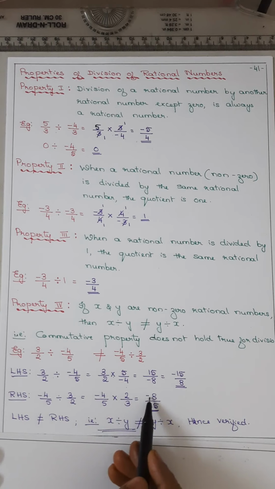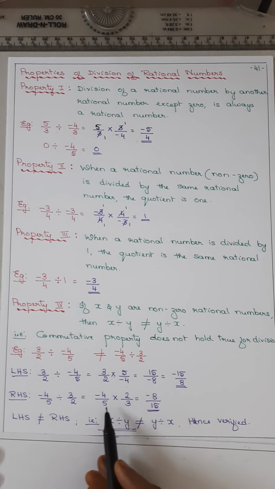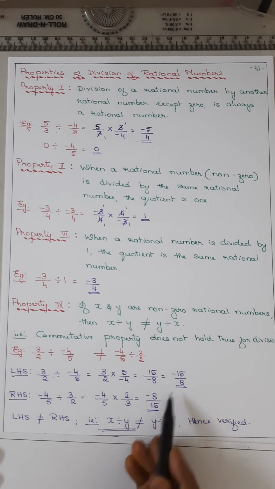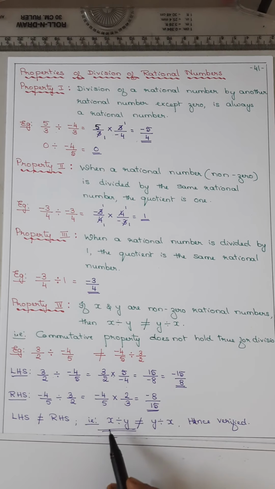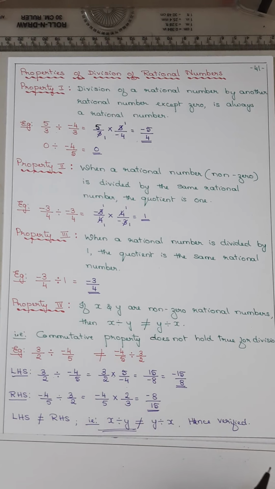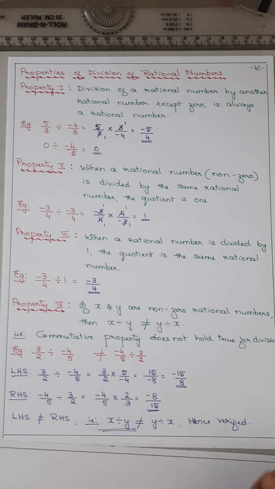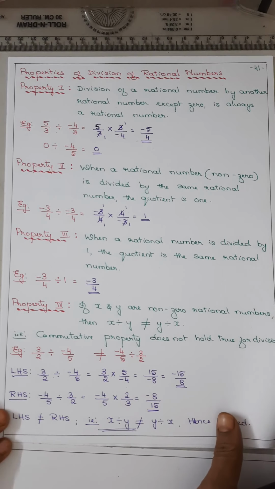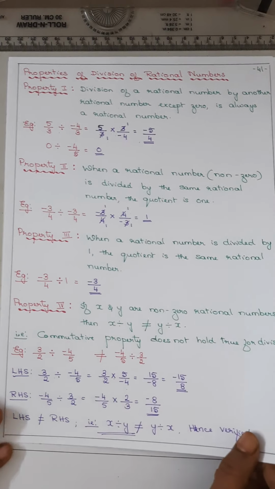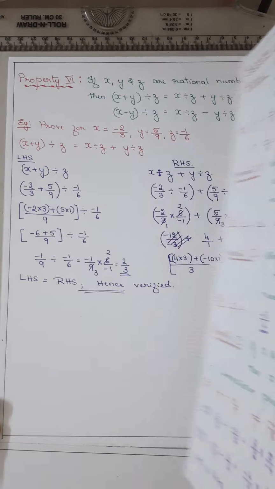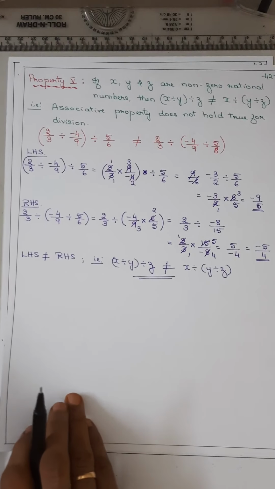Minus into plus is minus, 4 2s are 8, 5 3s are 15. It is the interchange. So LHS is not equal to RHS, that is, x divided by y is not equal to y divided by x. Hence verified. So that was property number 4.